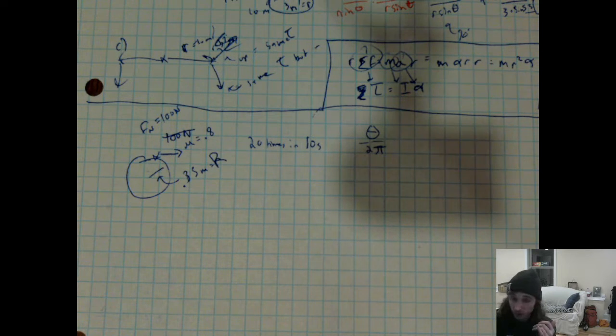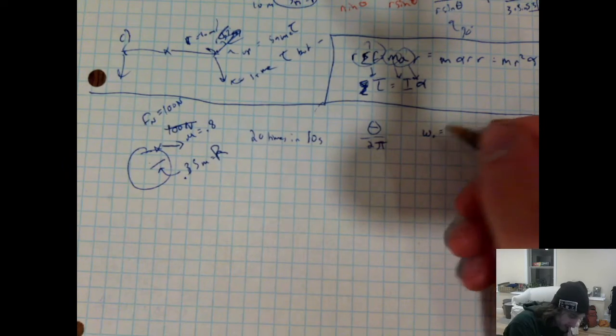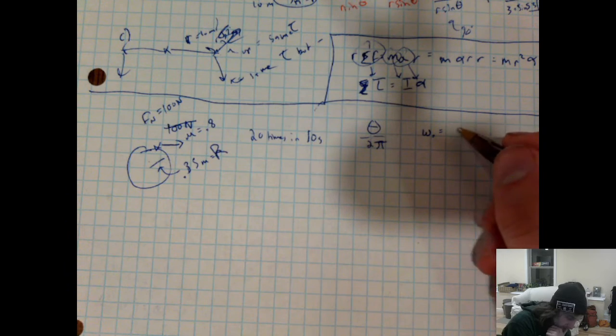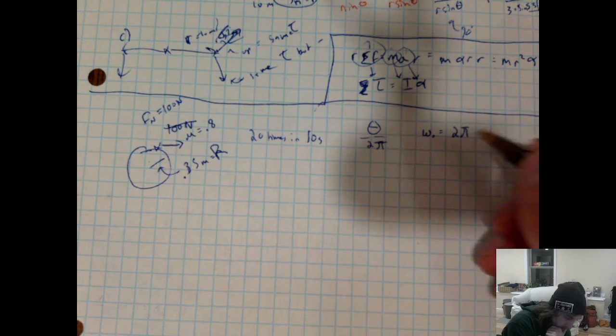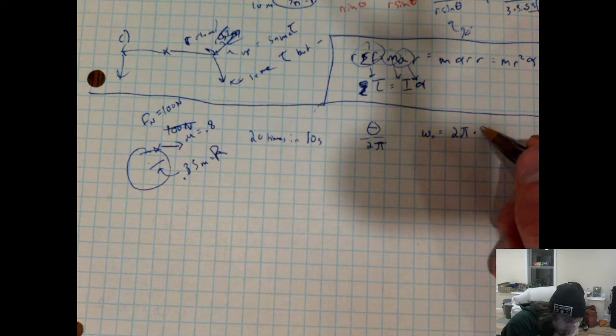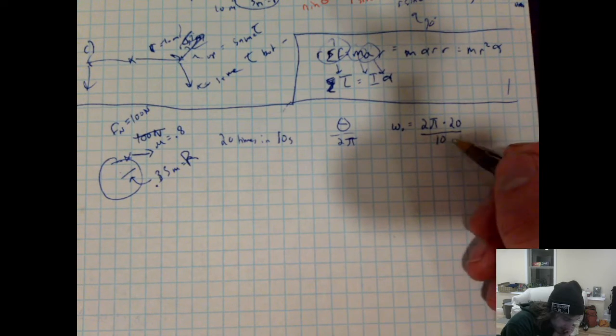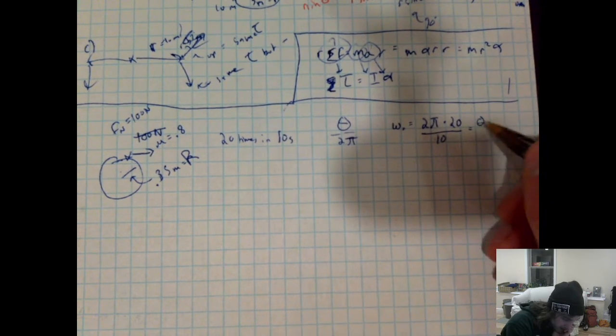Because I've got the number of rotations and the time it takes to do those rotations. So I could find the initial angular velocity, which is going to be that it completes 2 pi times the number of rotations per time, 10 seconds. So this is taking our theta and dividing it by our time.